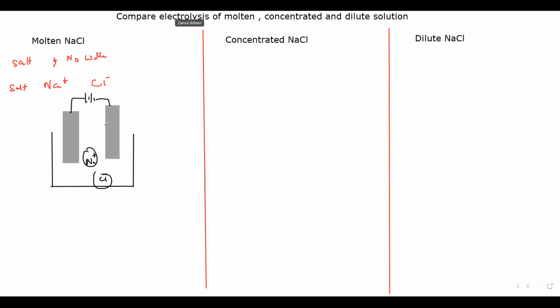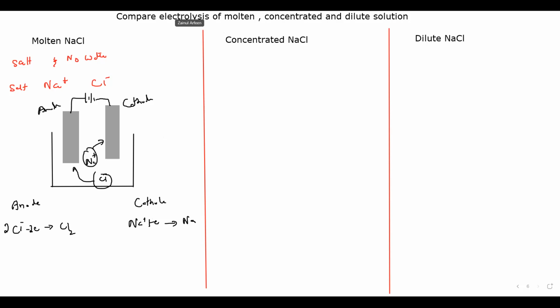So we don't have to check the reactivity, as there's only one positive ion, sodium, and chloride ion. So what happened at cathode? The sodium ions are attracted towards cathode and they will turn into sodium atom. And what happened at anode? The chloride ion will lose one electron, turn into chlorine atom. When two chloride ions are there, they will lose two electrons and form a chlorine molecule.